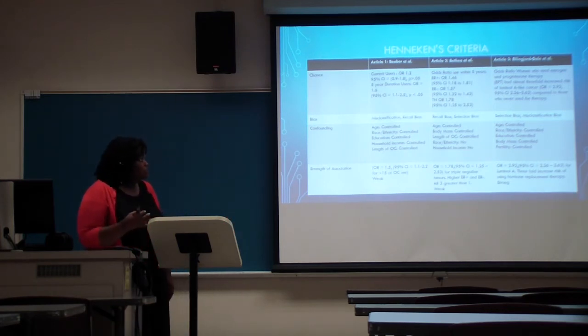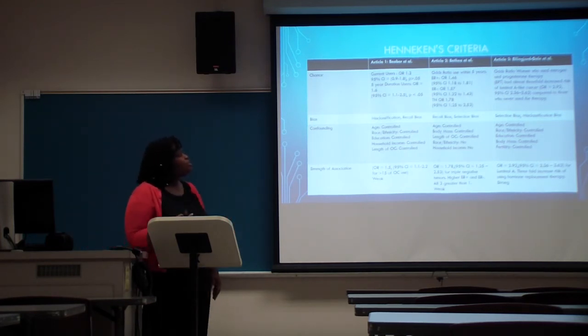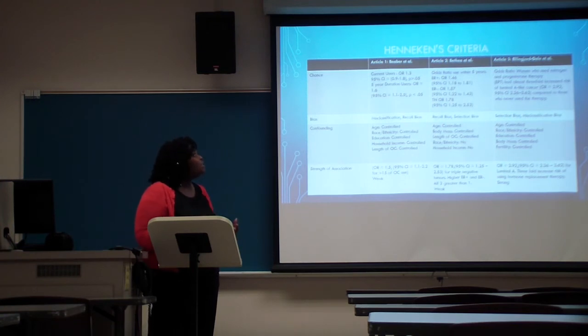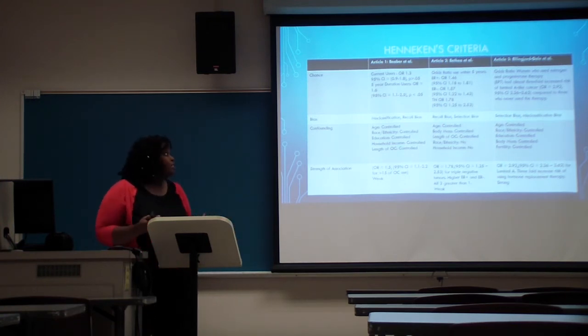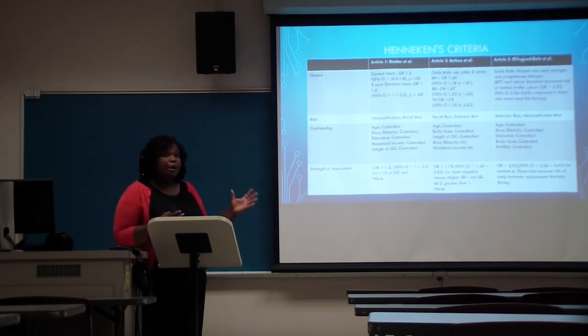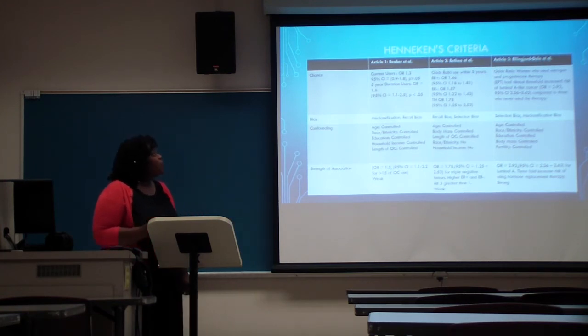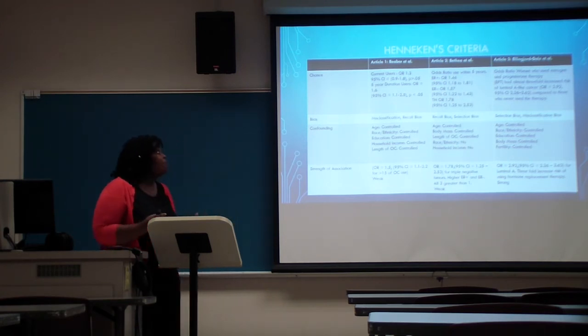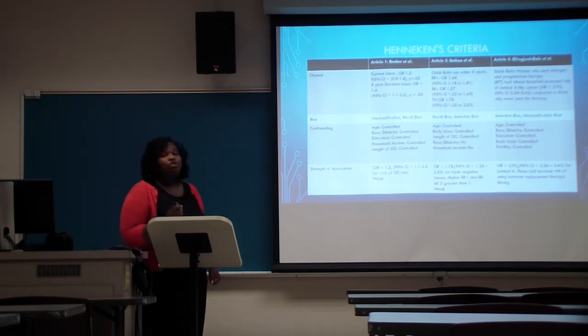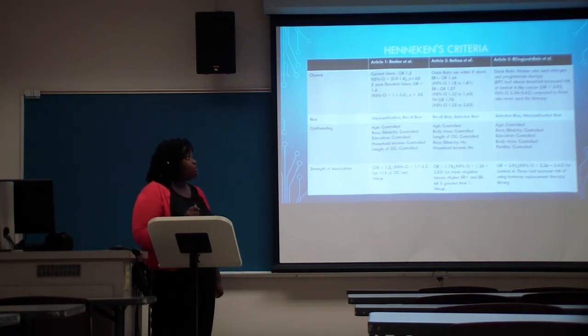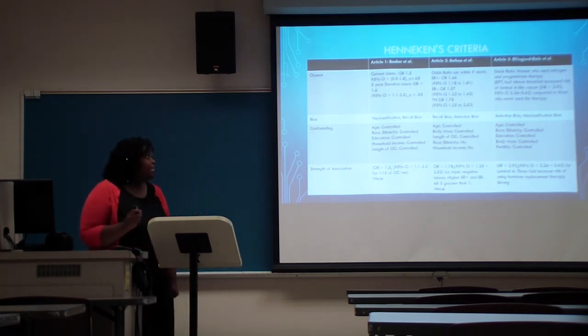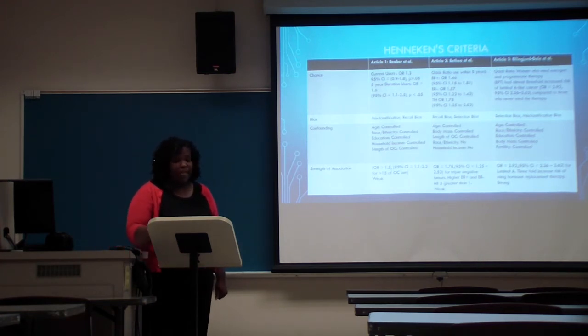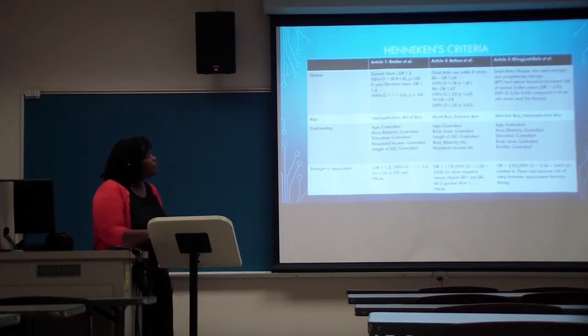For Article 2, the odds ratio within 5 years was 1.46 with the confidence interval above 1. And for ER negative, the odds ratio was 1.57 with the confidence interval again above 1. And for triple negative, the odds ratio was 1.78 with the confidence interval again above 1.